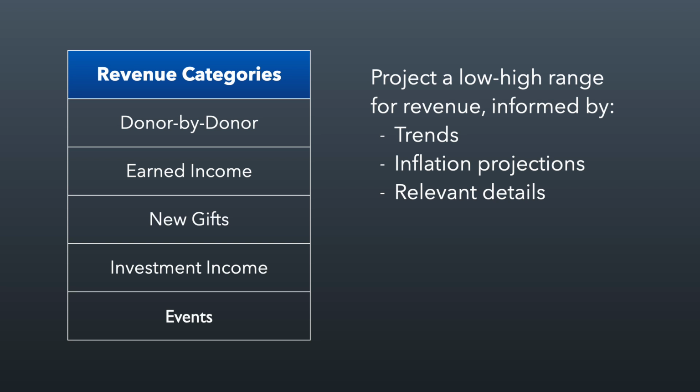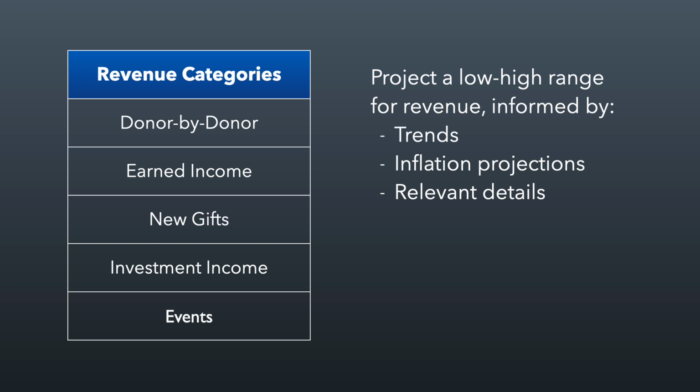And you're going to go about it in a variety of ways. If you have large donors, you're going to project revenue donor by donor. You're going to ask yourself, can we get $500,000 from this person again this year? You're going to look at any earned income, like if you're selling products or services, what the trends have been in the past and what you're expecting in the future for those things. If you're projecting you'll be able to bring in some new donations, then you're going to include that in your revenue projections.